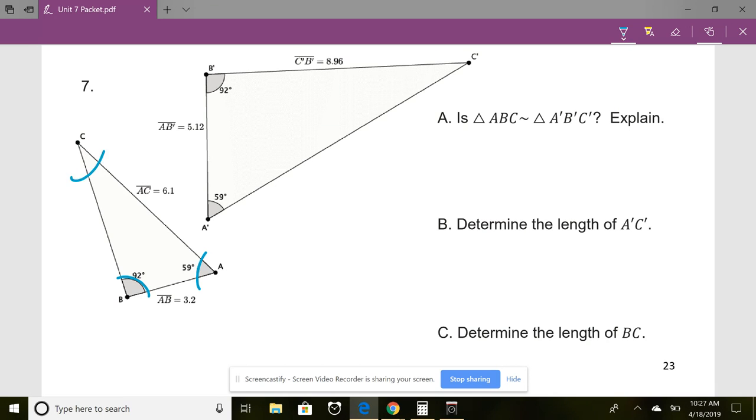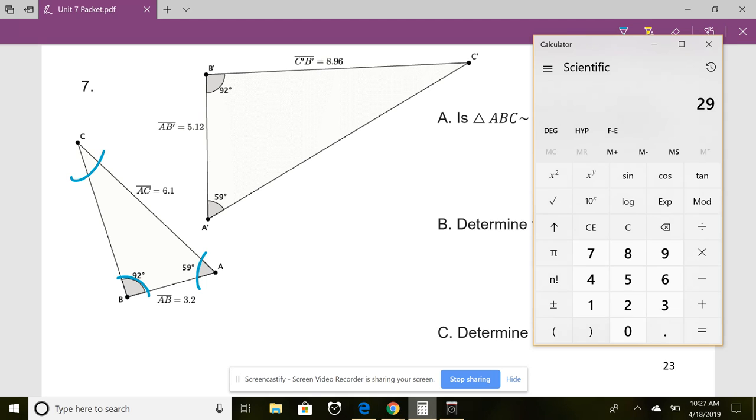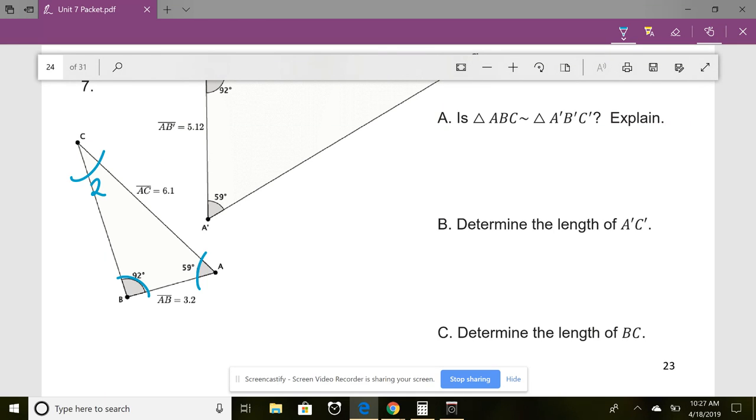To figure out the third, we do 180 minus 92 minus 59, which is 29 degrees. So it's a 92, 59, 29 degree triangle.